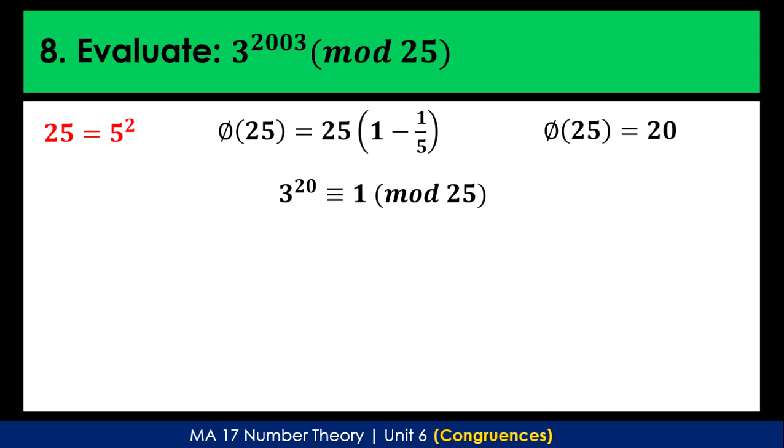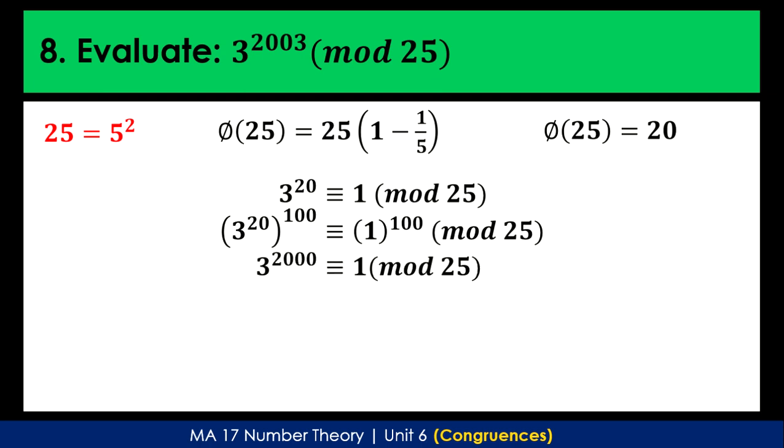Since we need 2003 as our exponent, let's raise both sides to the power of 100. So 3 raised to 20 raised to 100, and 1 raised to 100 is 1. So we have 3 raised to 2000 is congruent to 1 modulo 25.